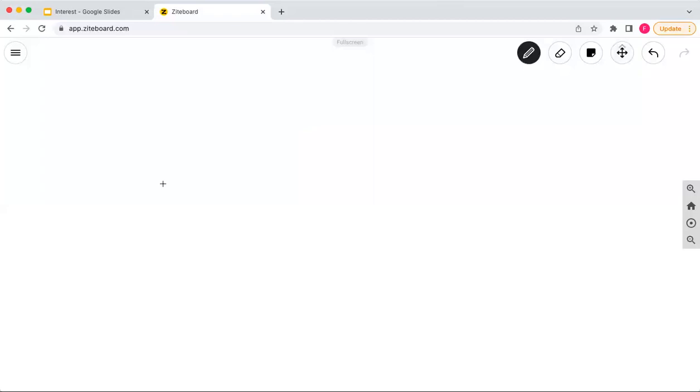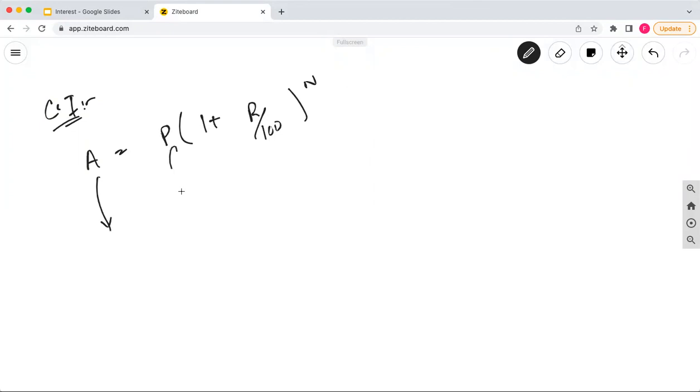So compound interest, and if I call the total value as A, the total amount is principal amount into 1 plus R over 100, to the power N, right? This is the total amount at the end of N years. This is the principal amount.